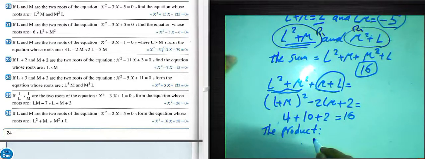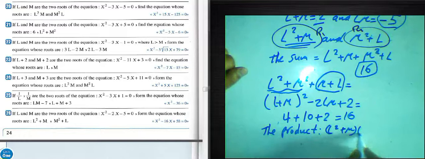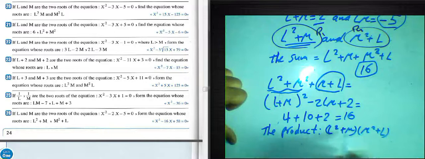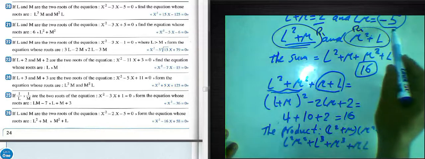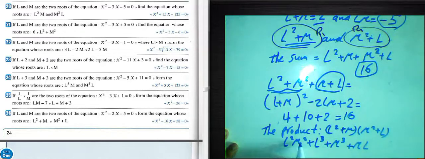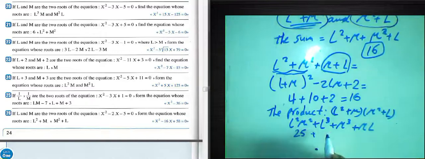The first is L power 2 plus M, multiplied by the second, M power 2 plus L. We multiply L power 2 by M power 2, L power 2 M power 2. L power 2 multiplied by L is L power 3. M multiplied by M power 2 is M power 3, plus M L. So LM was negative 5, negative 5 power 2 equals 25, plus L power 3 plus M power 3 plus ML.